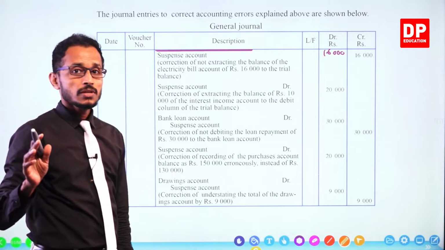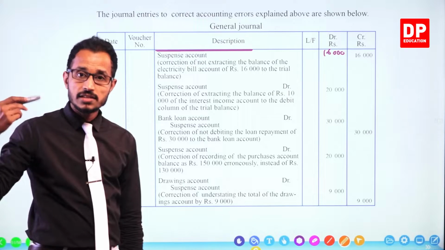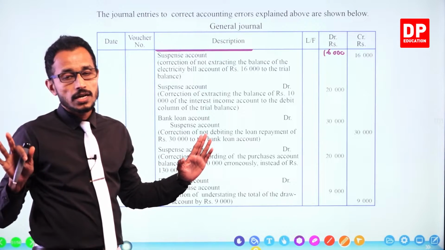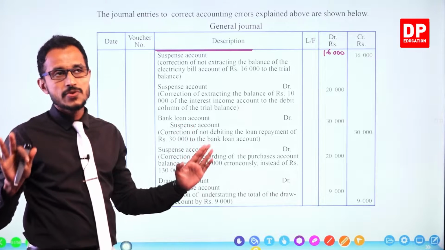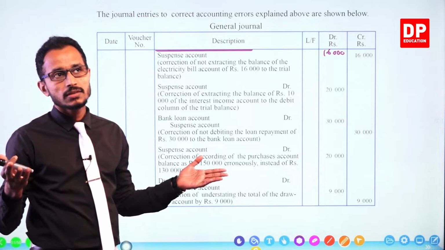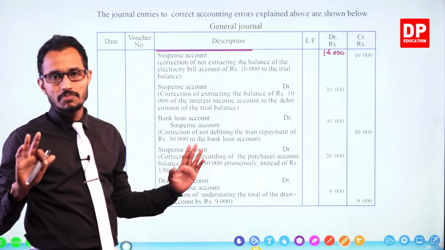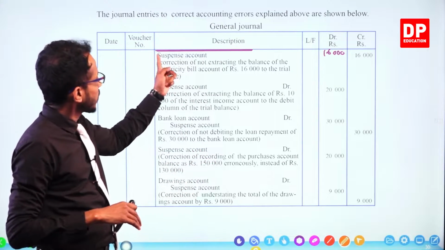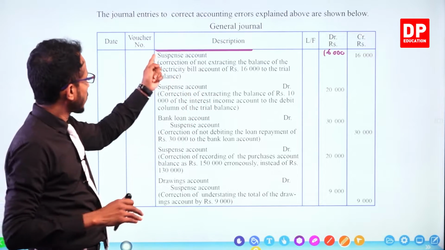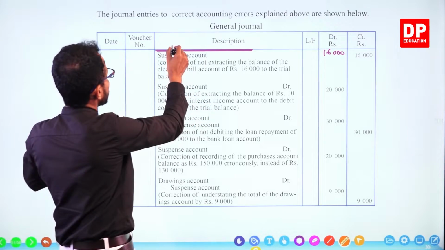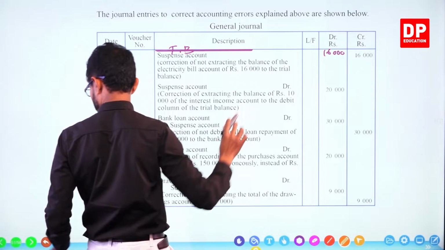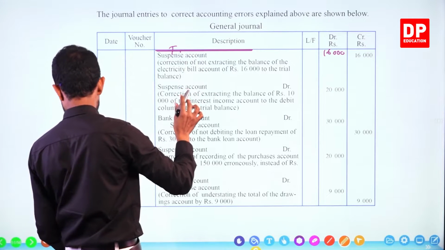Such errors, when we correct, I taught you in the previous session, children, we don't mention the entry or the part of the trial balance. We don't mention it. If you want, you can mention, but do not write trial balance here. Just leave it blank without writing trial balance.